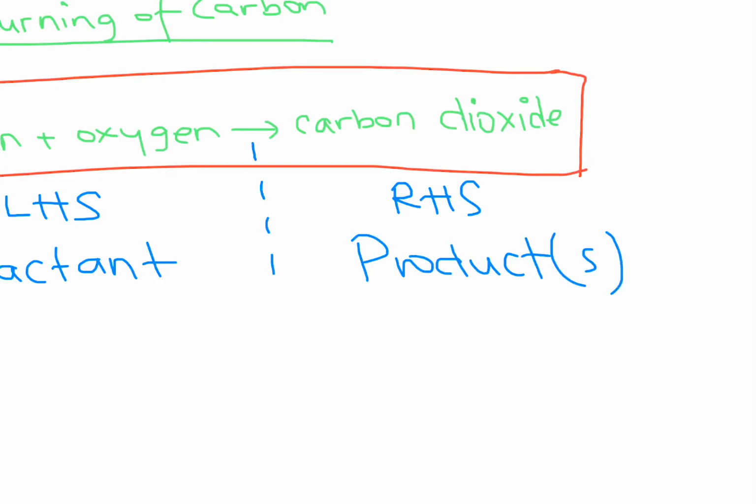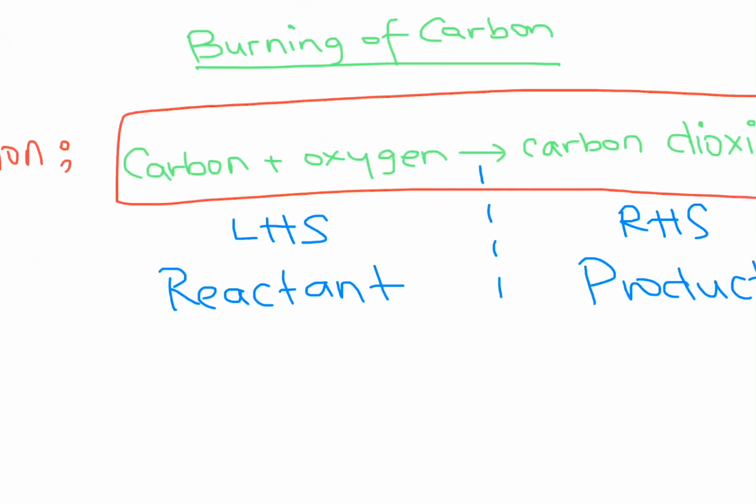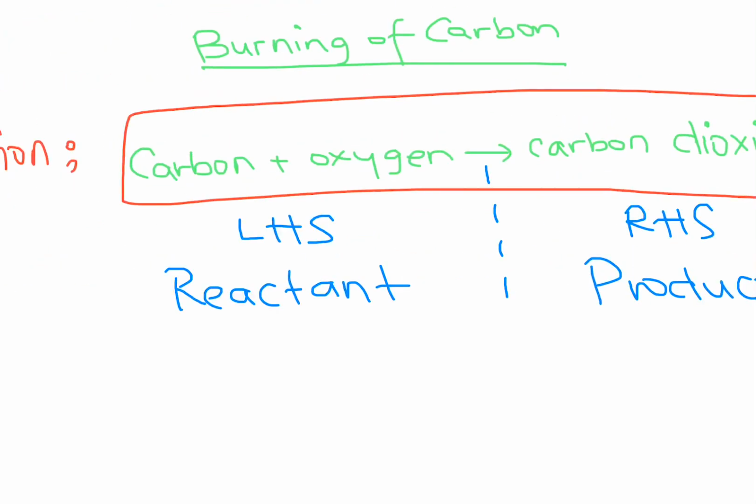There could be more than one product as well. So you have to keep all the reactants on the left-hand side and all the products on the right-hand side. The plus sign means react with, or it also means in addition. So carbon is adding with oxygen.